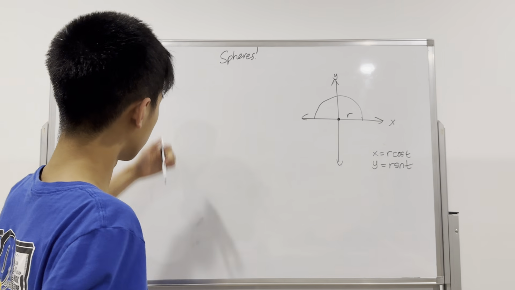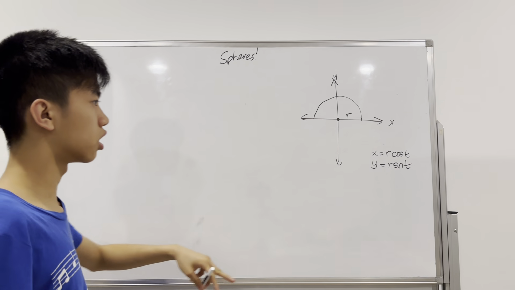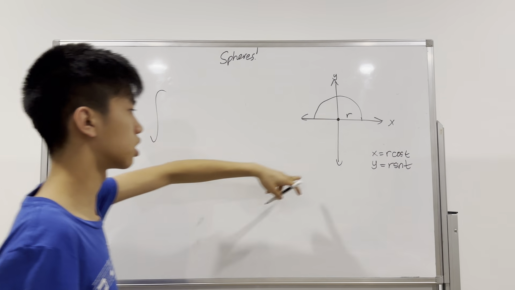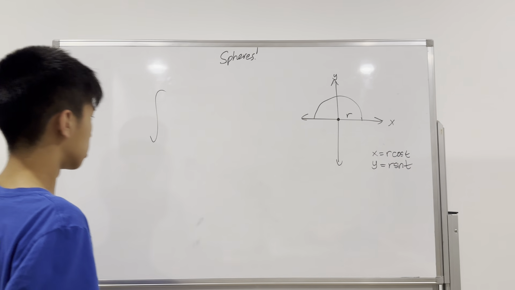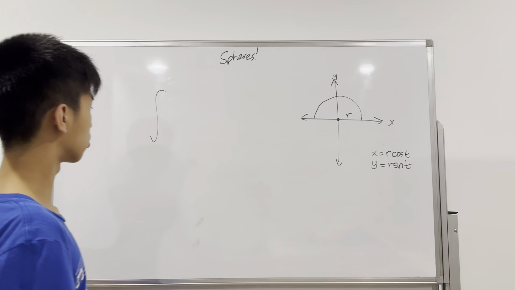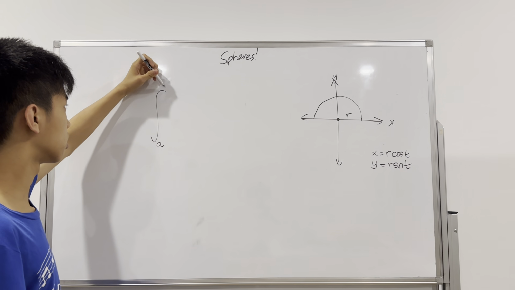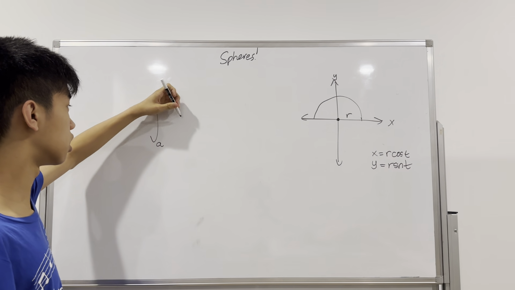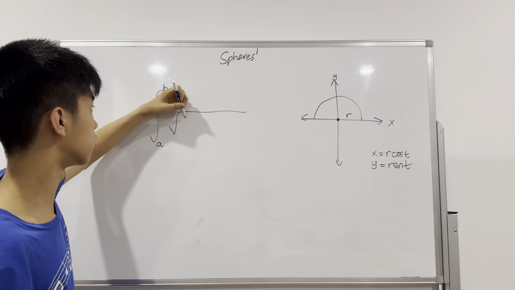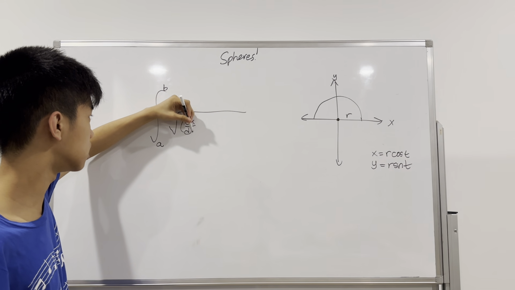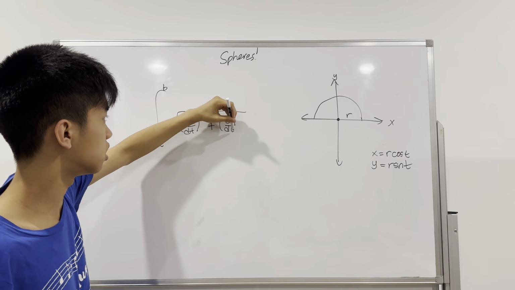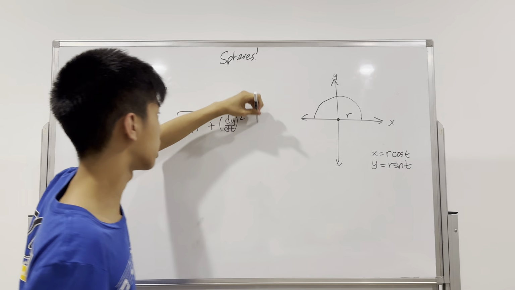In order to find the arc length of a function with two bounds, given the parametric equations, you have the integral from a to b of the square root of dx dt squared plus dy dt squared times dt.